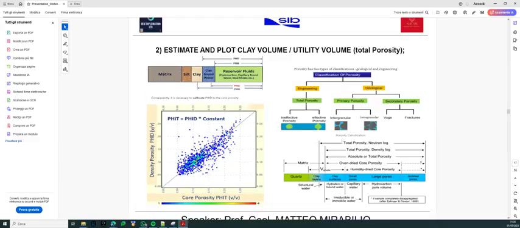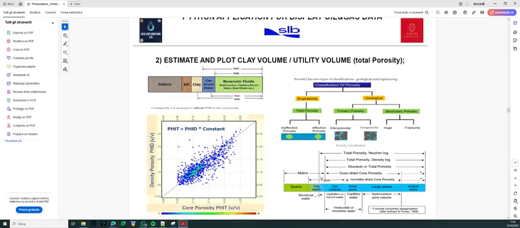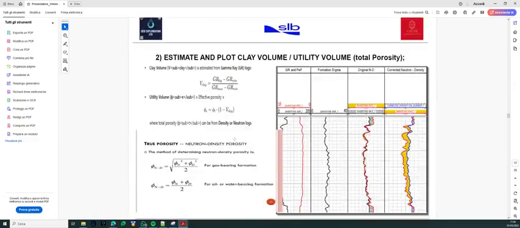But first, when we do the total porosity estimation with the neutron log or density log, it's important to understand the clay volume that is infiltrated, for example, in sandstone, in sand or tar sands sediments.